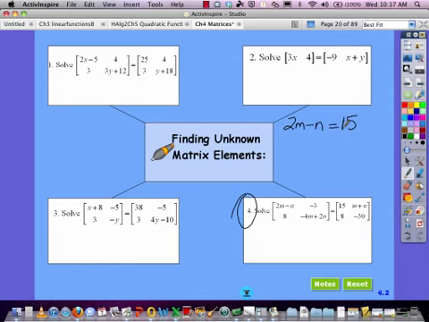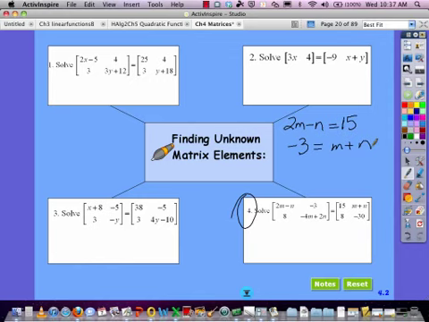Well, the next element, first row, second column, says negative 3 has to equal m plus n. And what we need next is 8 equals 8. So we really have nothing to do there.